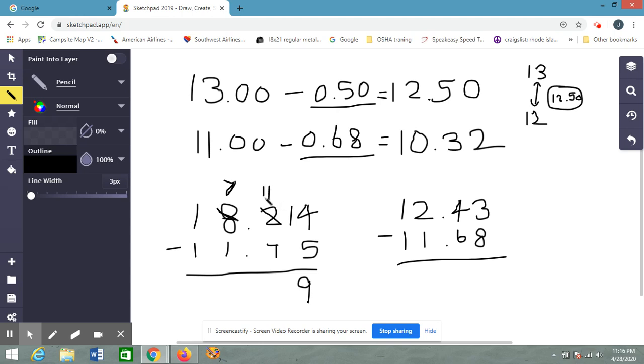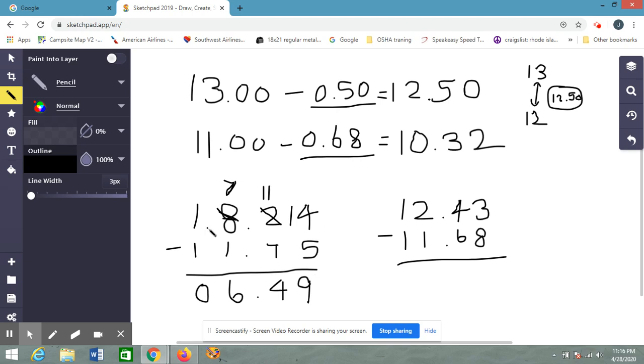So we have 11 tenths now. 11 tenths minus 7 tenths is 4 tenths. Bring the decimal down. Then subtract the ones place. 7 minus 1, 6. Subtract the tens. 1 minus 1 equals 0. So 18 and 24 hundredths minus 11 and 75 hundredths is 6 and 49 hundredths.